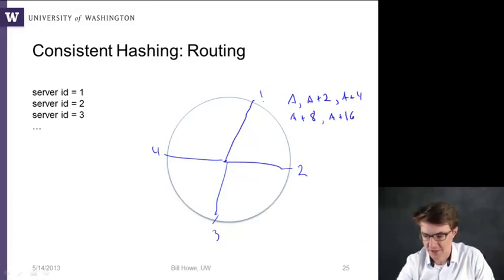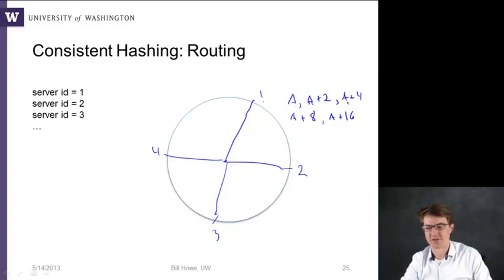And what it does is it knows the key range being managed by each one of these servers. Okay. And so what it can do is forward the request to the server that is closest to the key range it's looking for. Okay. And so this takes a logarithmic number of hops away.